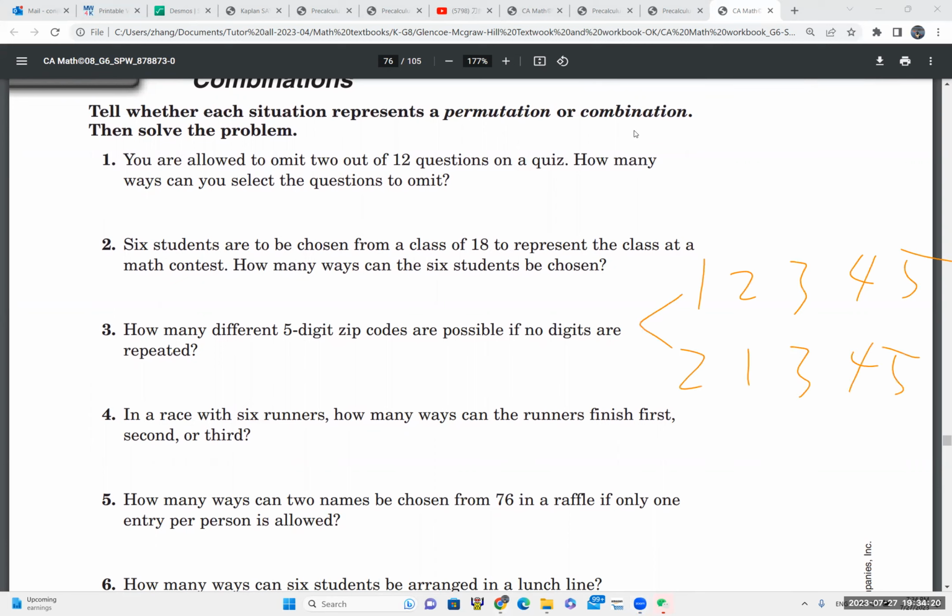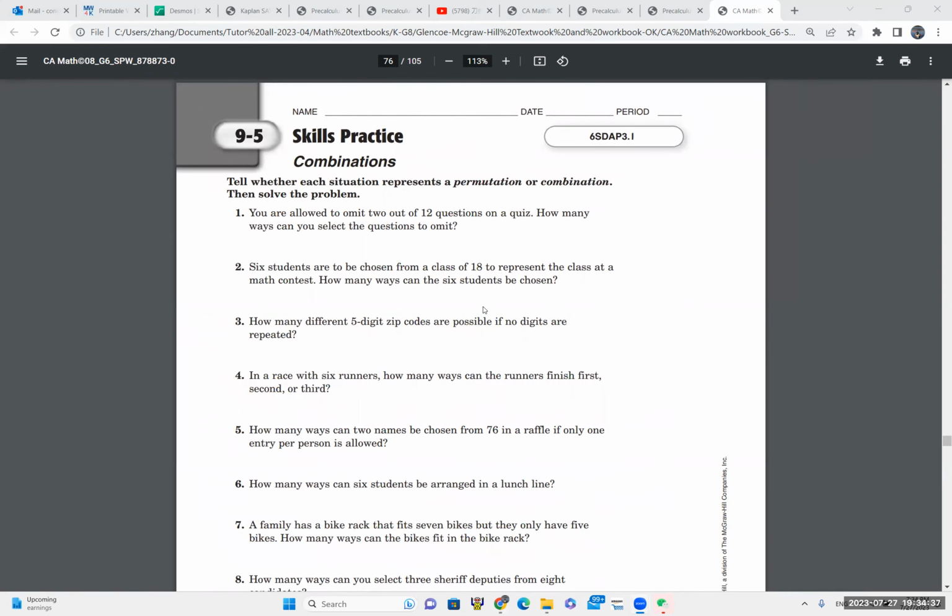We think they are different zip codes, right? So the order makes sense. Anyway, so you can do some exercises here. When you think it's necessary, or you just Google this, you can find a lot of problems.